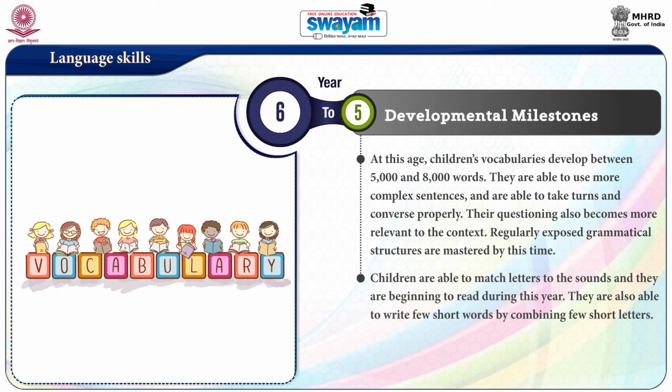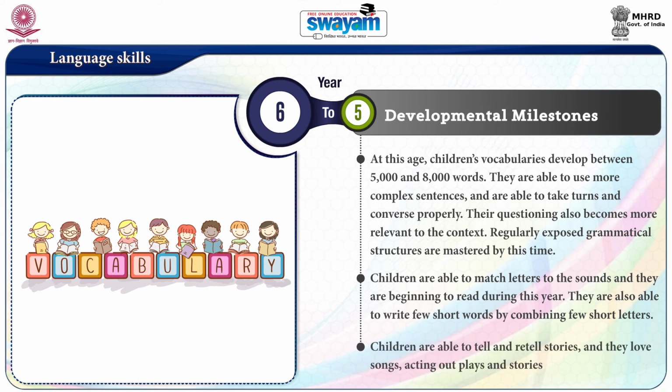Children are able to match letters to sounds and they are beginning to read during this year. They are also able to write a few short words by combining a few letters. Children are able to tell and retell stories and they love songs, acting out plays and stories.